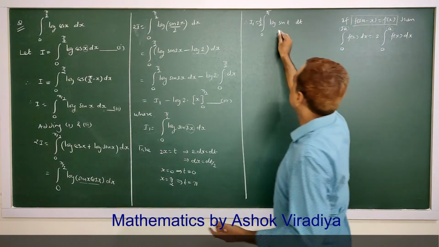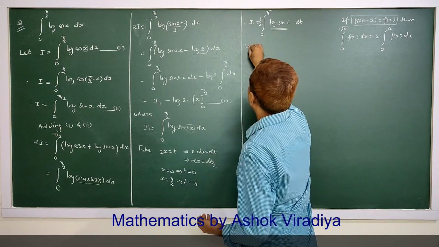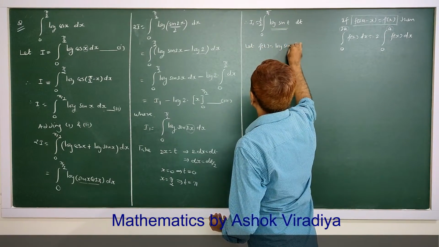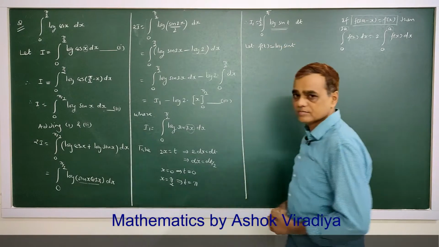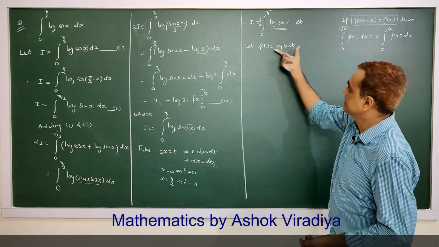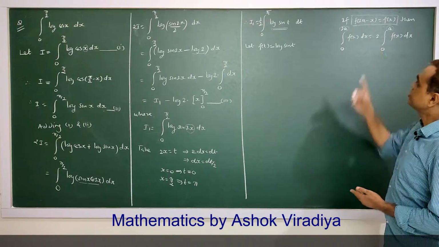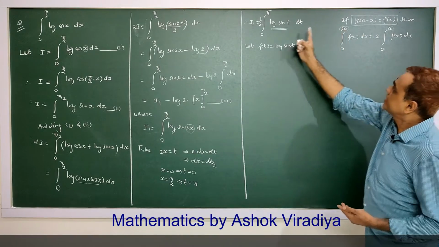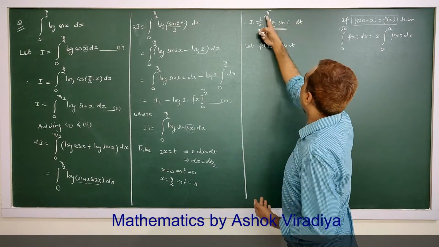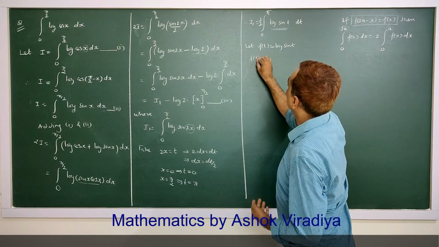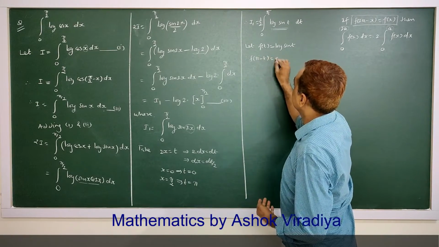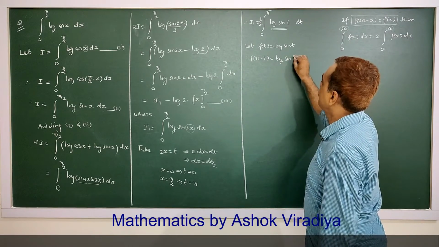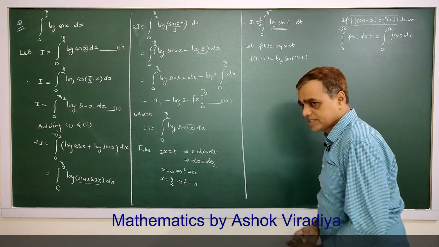So let f of t be log of sin t. Suppose this is f of t. Now we check this property, f of 2a minus t. So what is 2a here? 2a is pi. So f of 2a minus t equals log of sin of pi minus t.